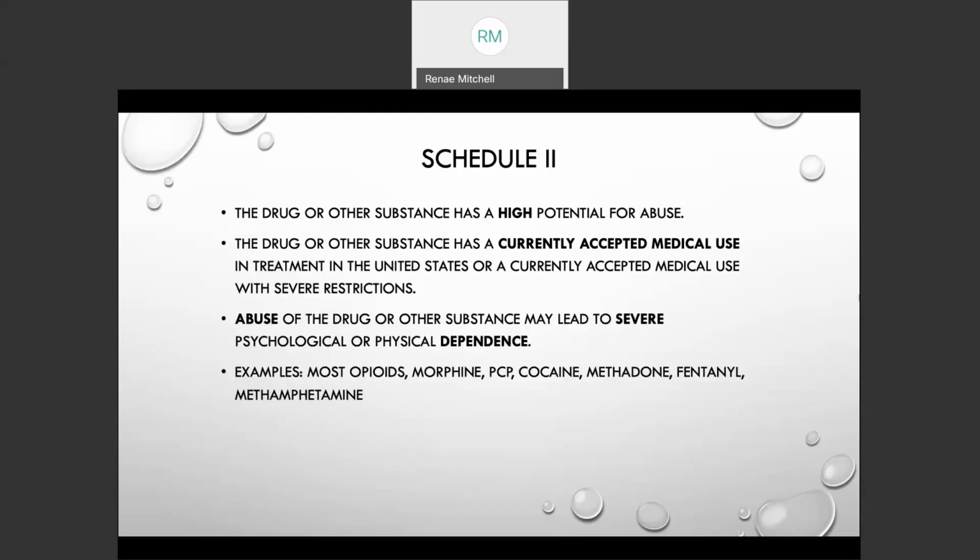So most opioids count in this, like Oxycontin, morphine, PCP, cocaine, methadone, fentanyl, methamphetamine, all of these are Schedule 2 drugs. So again, the high potential for abuse may develop severe dependence, but there are at least some situations where the drug can be used medically.